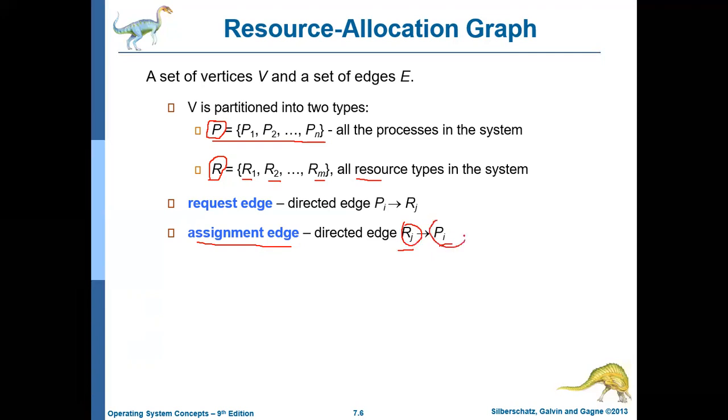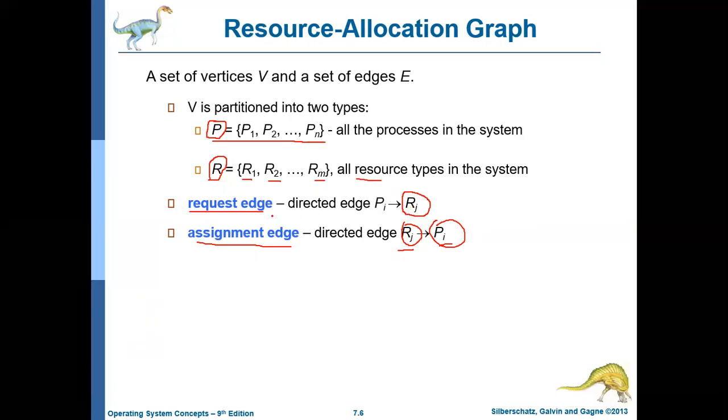In this case, the arrow will be from Rj to Pi, pointing to Pi. The second type of edge is called the request edge. If a process Pi is requesting a resource Rj, it means the resource Rj is not yet allocated to the process Pi, but it is just placing a request. Then there will be an arrow from Pi to Rj. That is called the request edge.